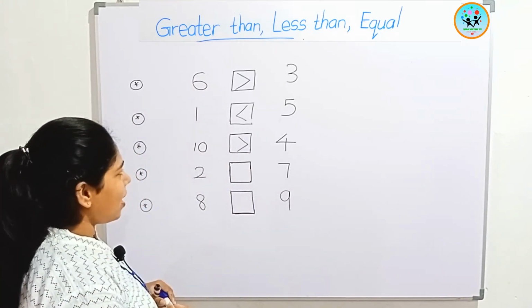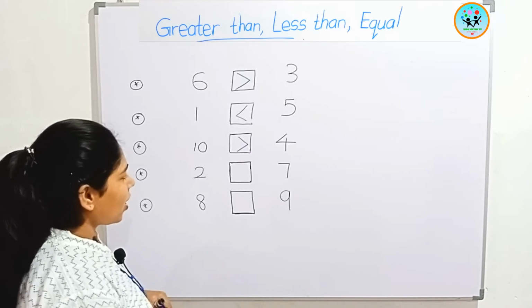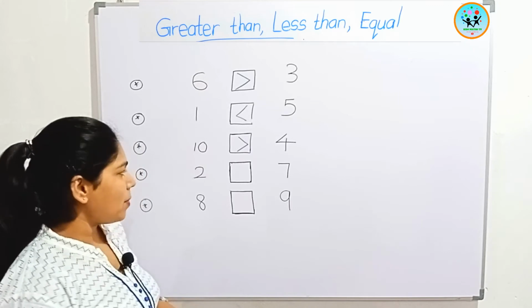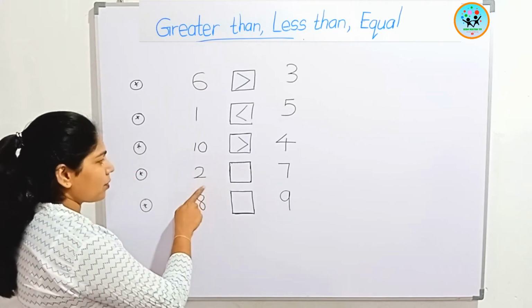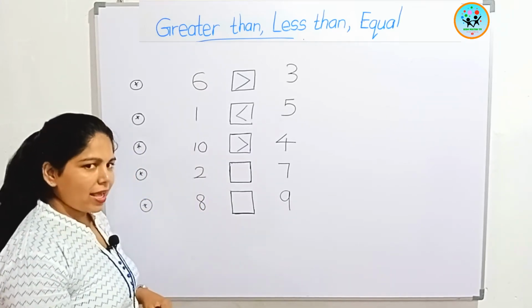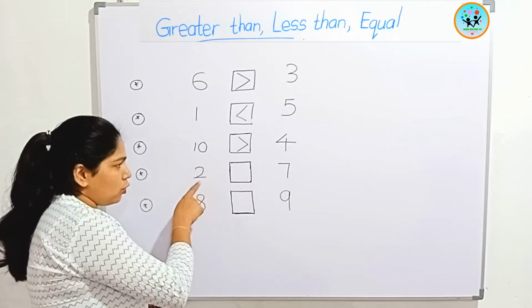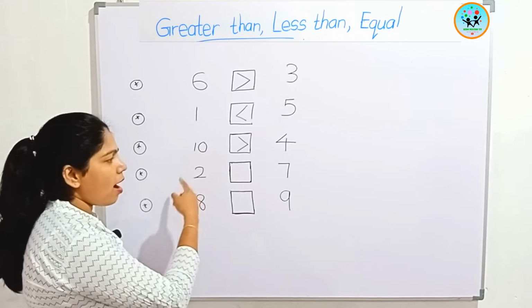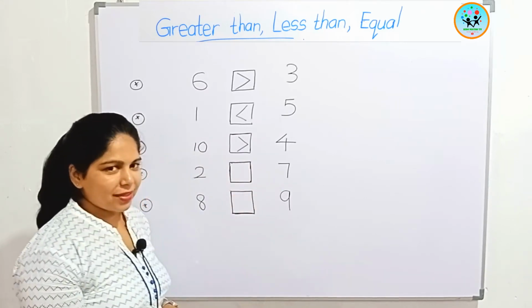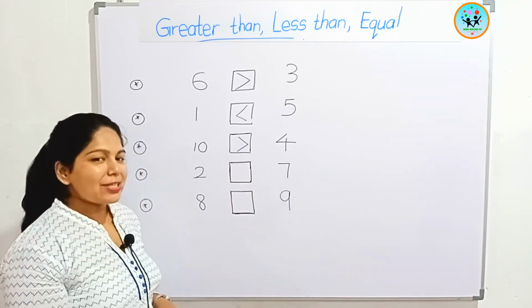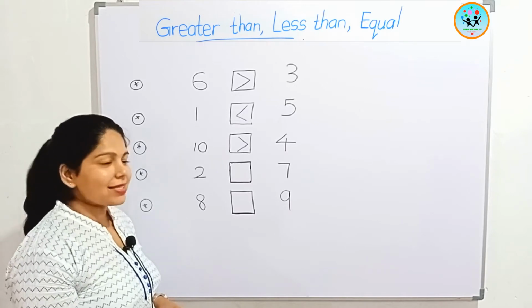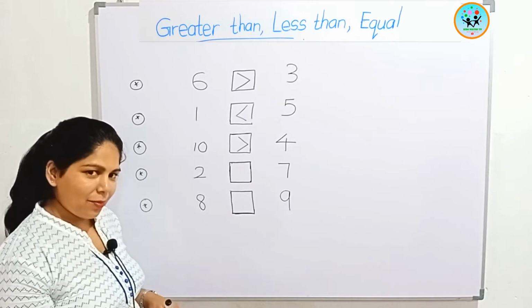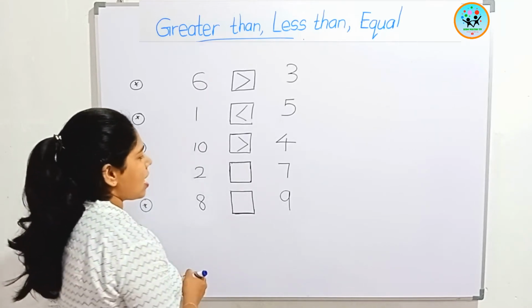Okay, students, tell me which number is less than, either 2 or 7. Yes, 2 is less than 7. How we place the symbol? Like this.